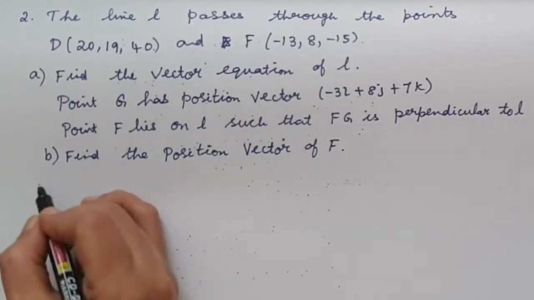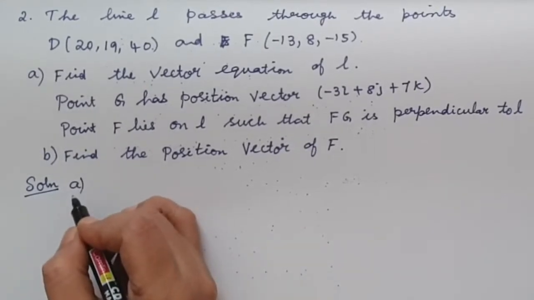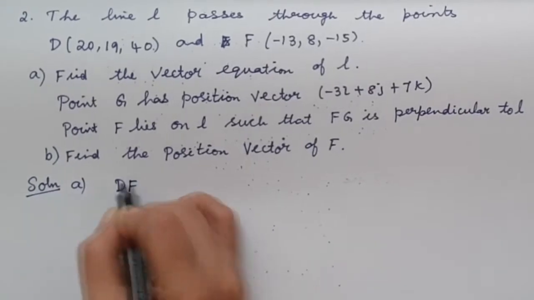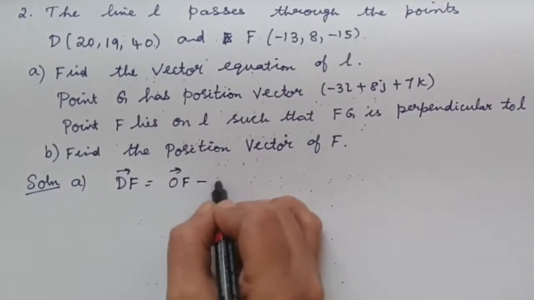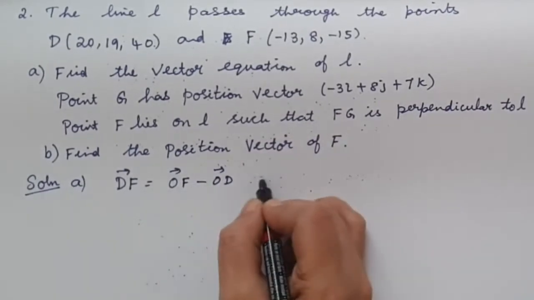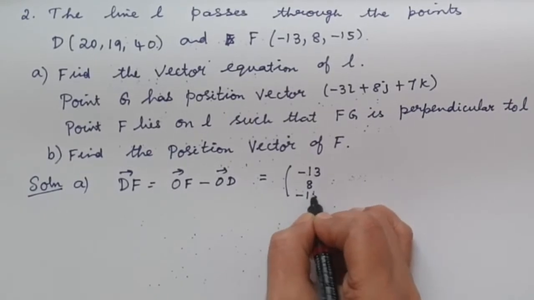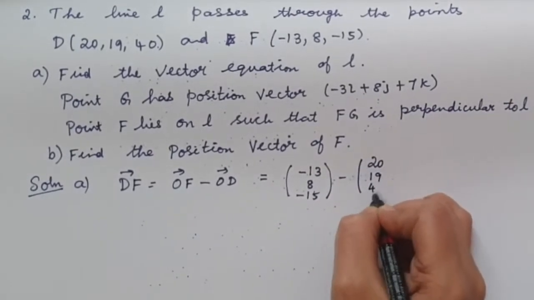First, let us find the equation of the line L. In order to find the equation of the line L, first we need to find the direction. So we need to find DF. Vector DF will be equal to OF minus OD. OF is (-13, 8, -15), minus OD, which is (20, 19, 40).